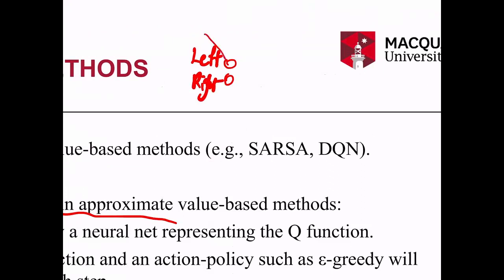So we have a neural network that generates these outputs, and it's left or right. When you're dealing with a discrete action, when it's either left or right and there is no magnitude to left and right, then using DQN or approximate SARSA would be feasible.